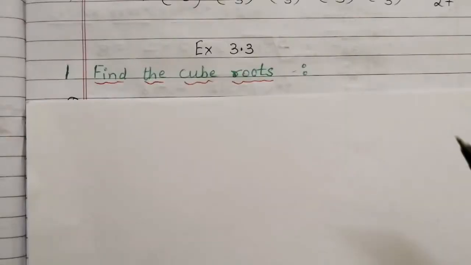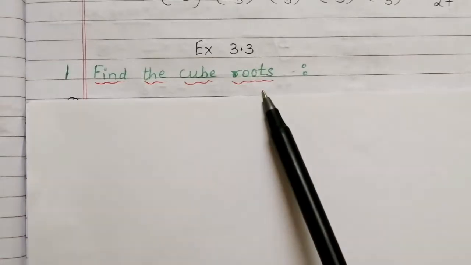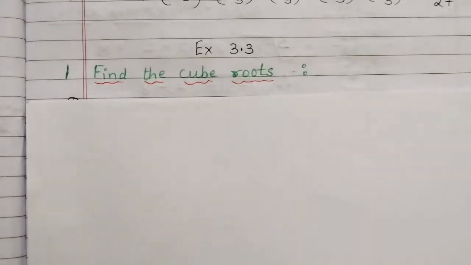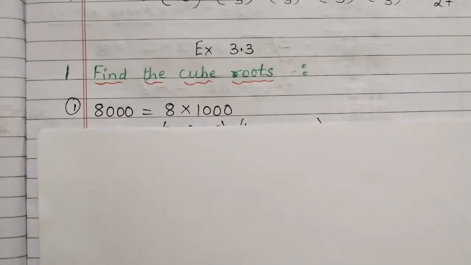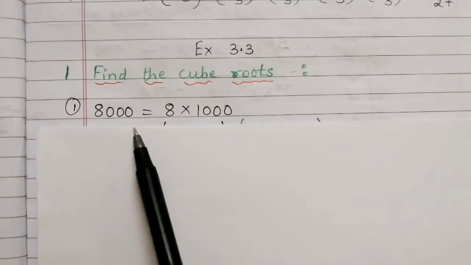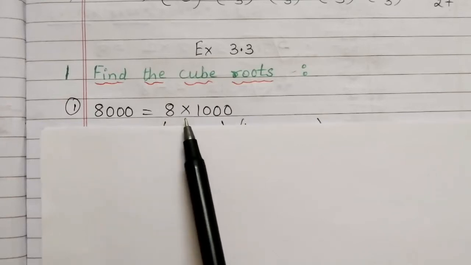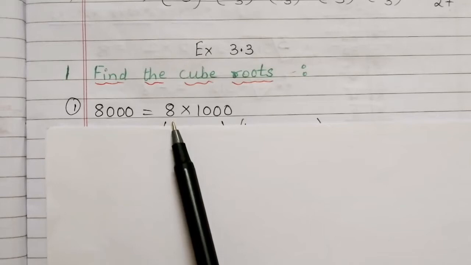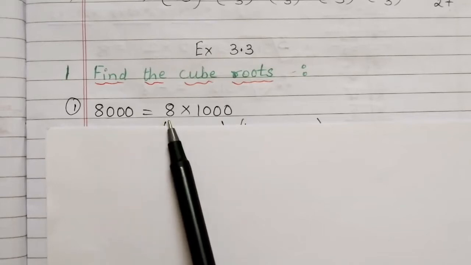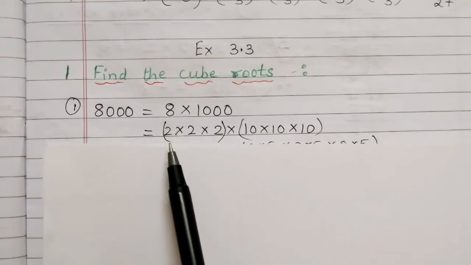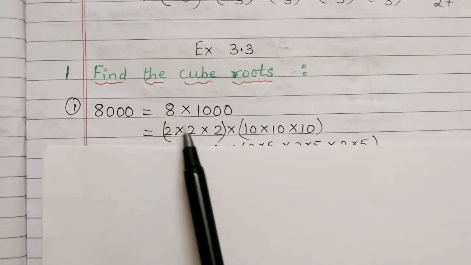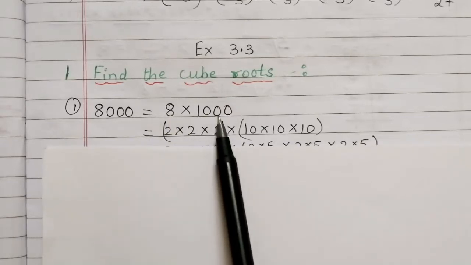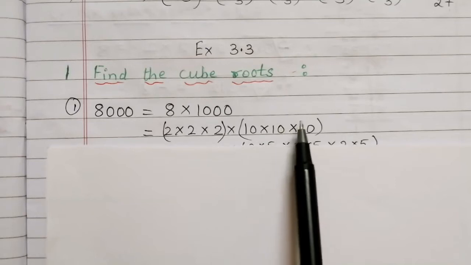Now in exercise 3.3, find the cube roots. See how to do. There are various ways we can do, but we will use the prime factor method. Here 8000. 8000 in simple form can be written as 8 into 1000. We know that 8 is the cube of 2. If we cube 2 we will get 8. So we can write 8 as 2 into 2 into 2. And 1000 means 10 into 10 into 10.